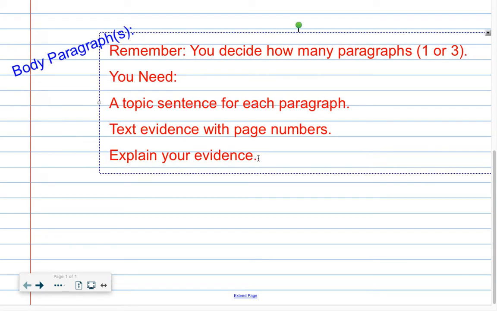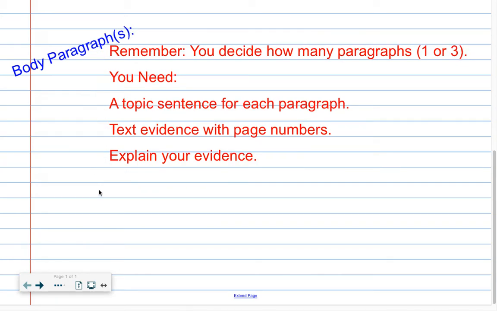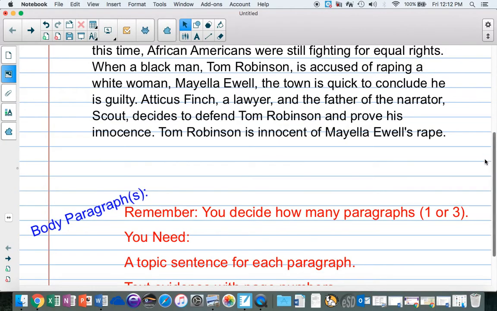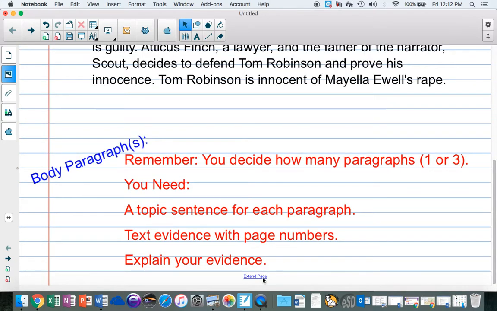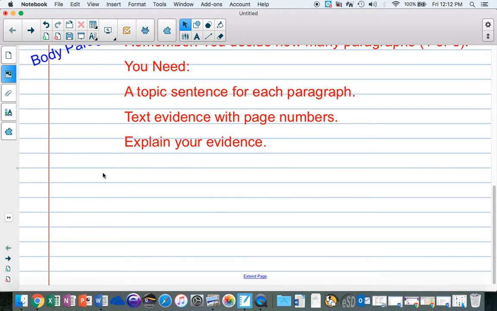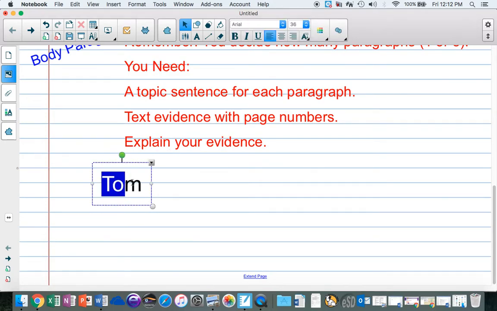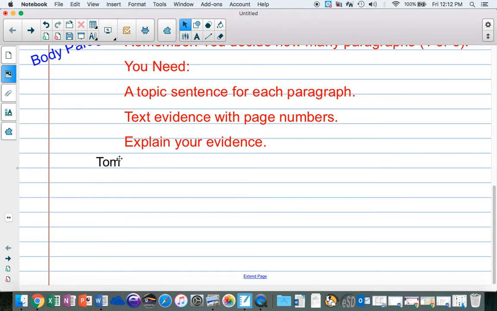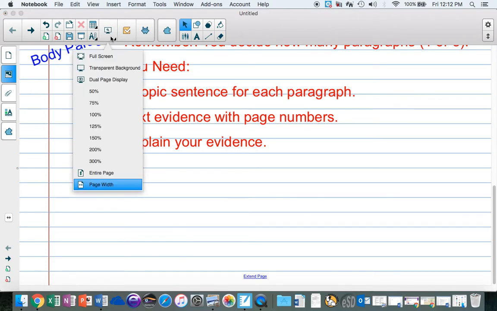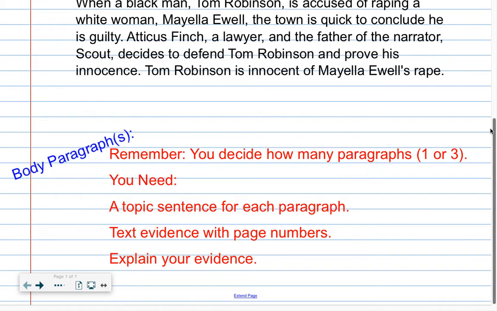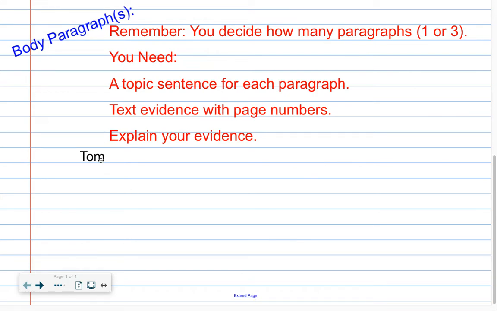Let me actually exit out of here. So Tom, by default I have this very big. So I apologize. Okay, so now I can start.